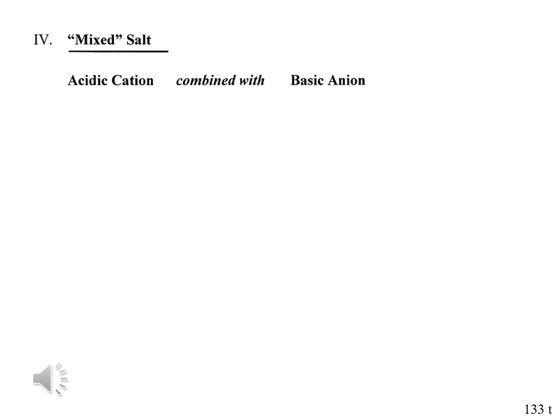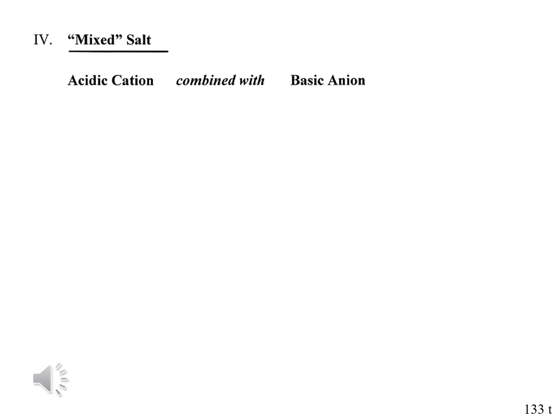There is a salt that's called a mixed salt, where you can put together an acidic cation and a basic anion. The thing is that we're not going to really look at these to calculate the pH of them, because the acidic one is trying to give you H's and the basic one is trying to give you OH's, and they're kind of fighting each other.